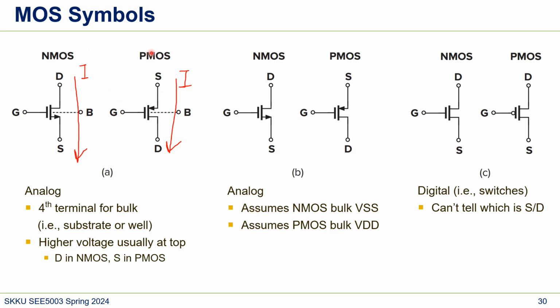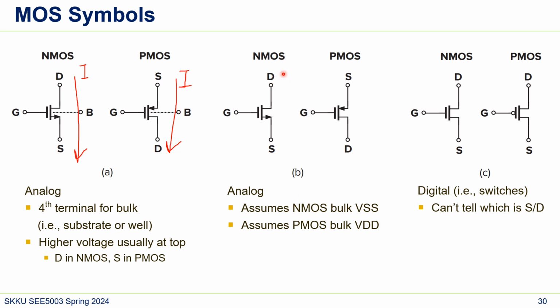In both cases, the direction of current is the same, from top to bottom, and current flows from higher potential to lower potential. In PMOS, source voltage is higher than drain. In NMOS, drain voltage is higher than source.